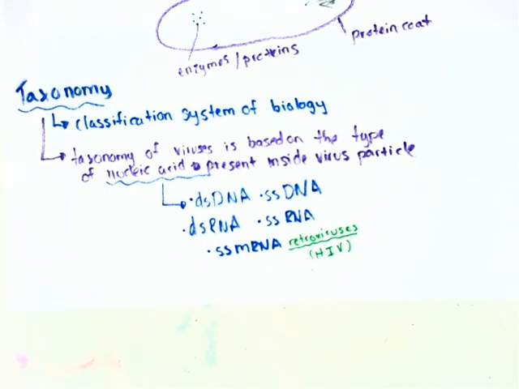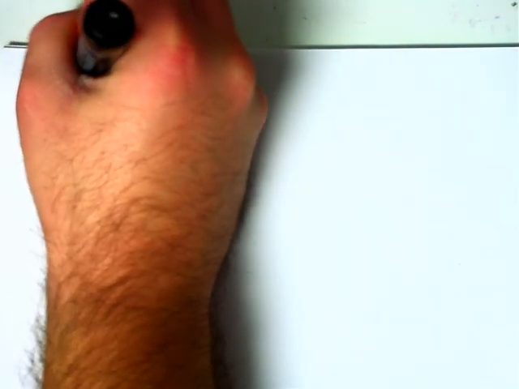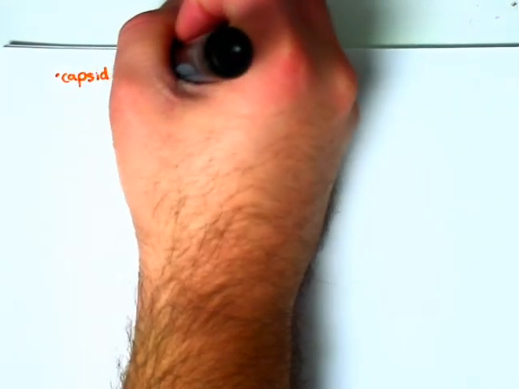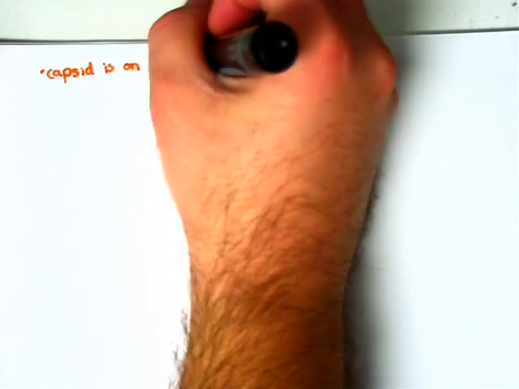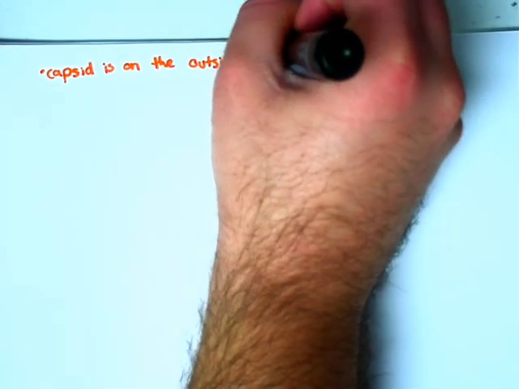Now let's continue on a little bit with some structure. One of the other things we'll notice with the structure is that in a lot of cases, there will be a protein capsid on the outside of a viral particle that can act as a shell. So I think we want to include that in a quick little discussion. You can have a capsid on the outside of a virus particle.